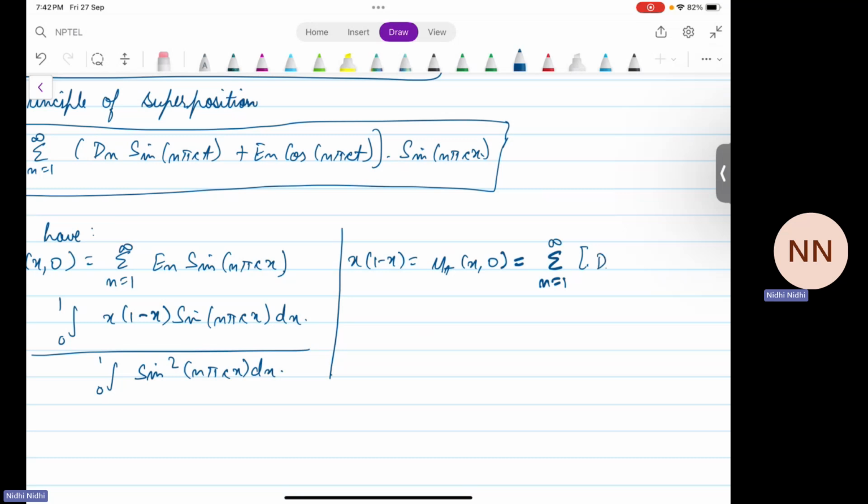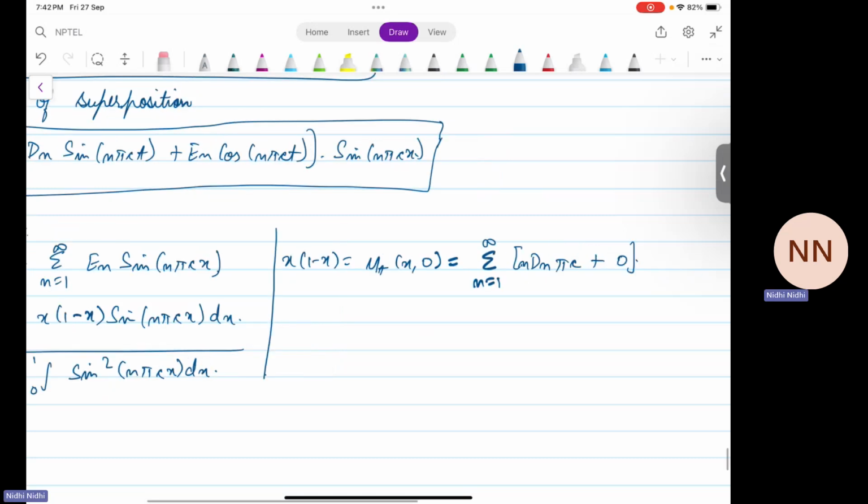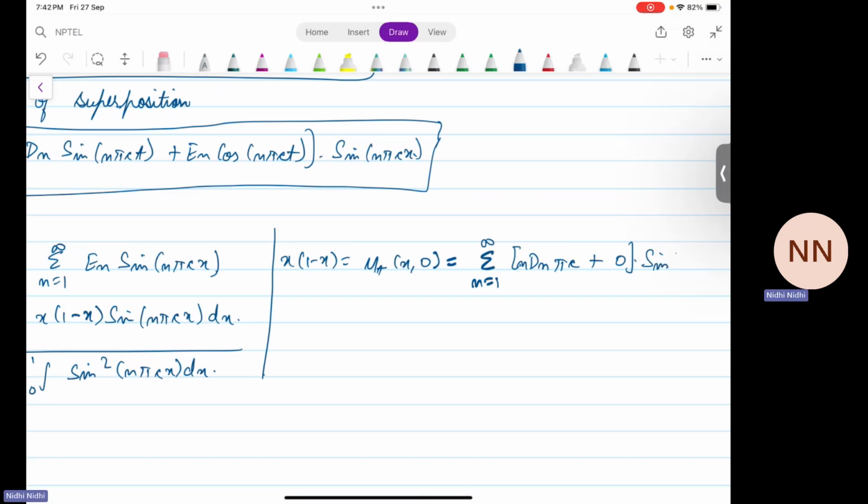So we have D_n n pi c cos 0 plus derivative of cos is minus sine, and sine 0 equals to 0. This will be 0 times this, independent of x, sine n pi x. So that means we have x(1 minus x) is equal to summation n from 1 to infinity n pi c D_n sine n pi x.